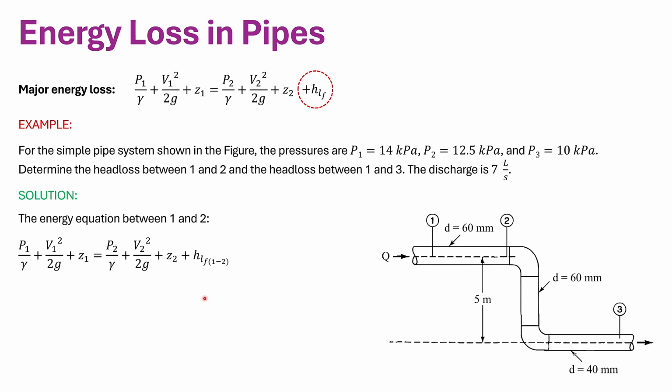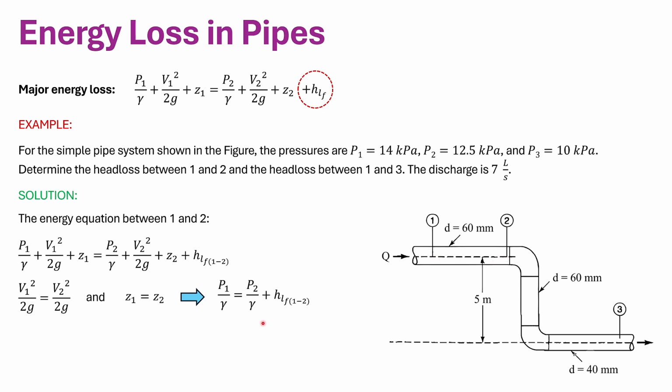So we write the energy equation between 1 and 2. Because the diameter of the pipe is not changing from 1 to 2, velocity stays constant. So these two fractions would be the same. And also the height is not changing, so Z1 equals Z2.